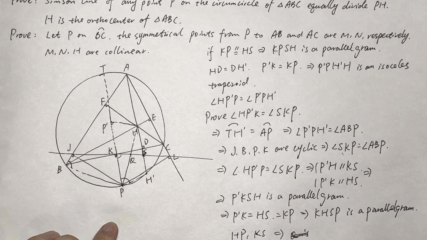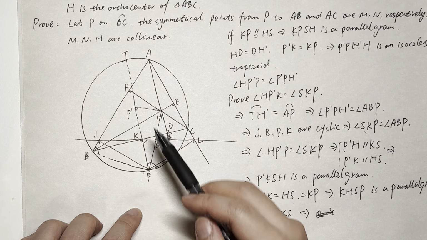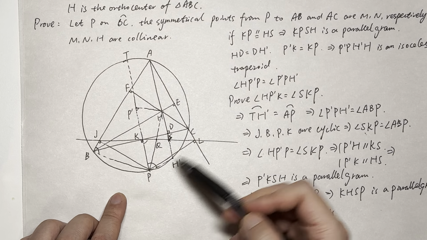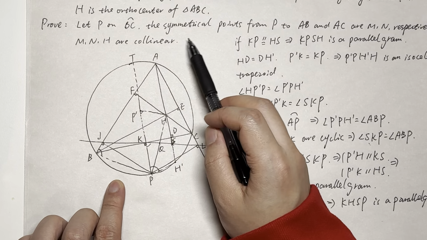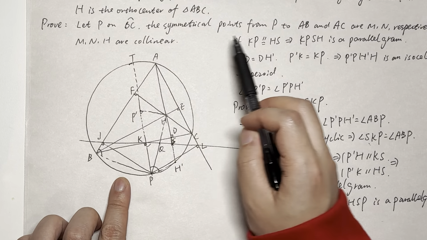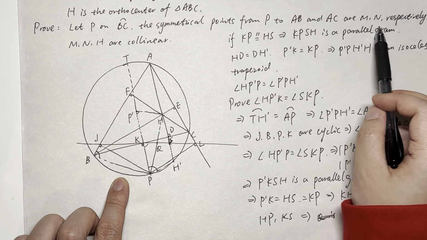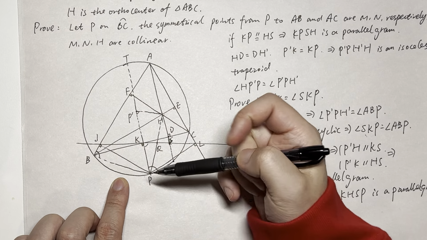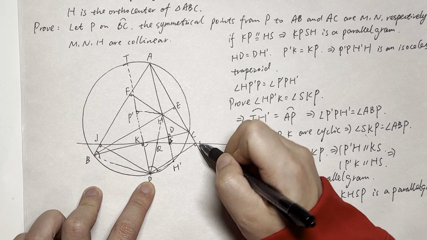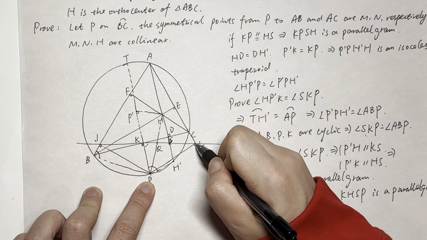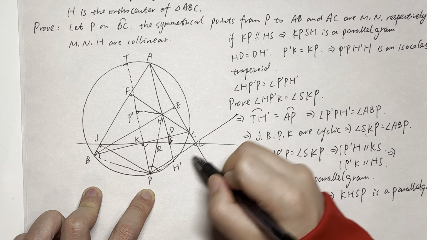And for the second question, let P be on arc BC, it's already on arc BC. The symmetrical points from P to AB and AC are M and N respectively. So we do the symmetrical point, then we just extend PL to N. That makes LN equal to PL.